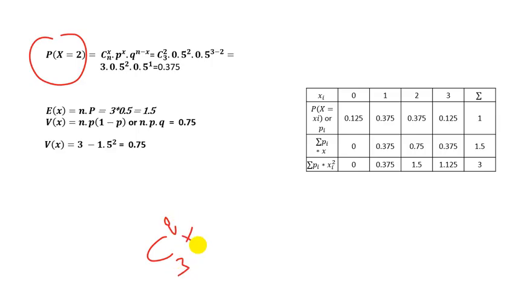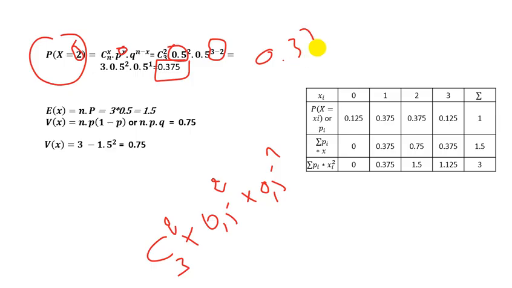We know that it is balanced, which means it is 0.5, power the number of heads here, so power 2, times the probability of not getting a head, which is 0.5, power the number of failures. Here the number of failures is 3 trials minus 2 heads, and we get 1. We replace, we get 0.375. So this is how you find the PMF, the probability mass function, when we have a binomial distribution.